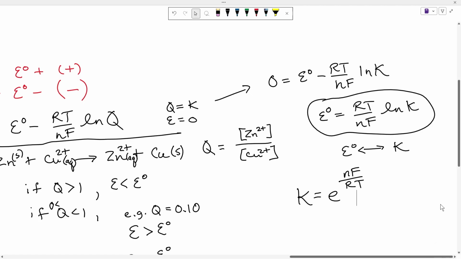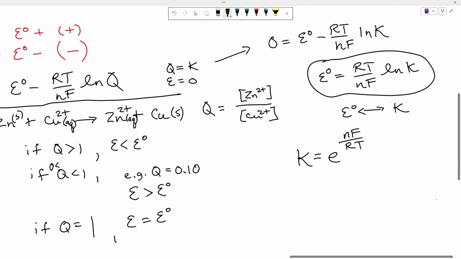Am I missing anything? I'm missing E times E. So we'll put E right up in there. There we go. There's no negative sign, despite what you might think. This gives you the equilibrium constant if you know the cell potential.